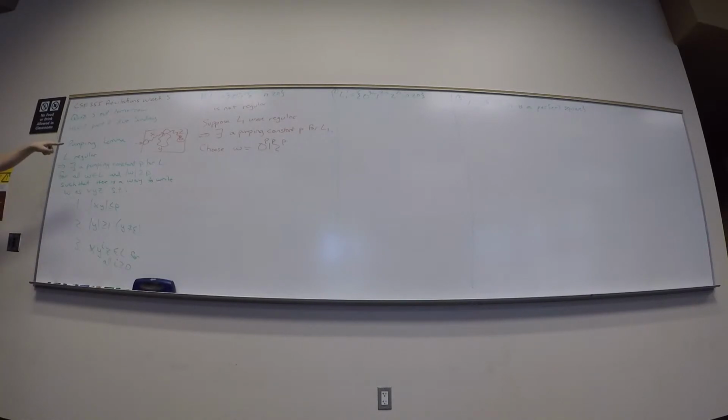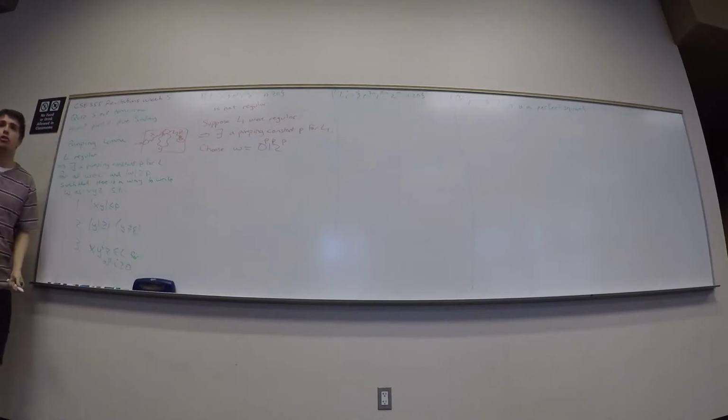Hopefully I can get a contradiction out of this. It says there is a way to write W as X, Y, Z such that you can pump it. But if I can show you for this string that there's no way to pump it at all, I think that's a contradiction, right?